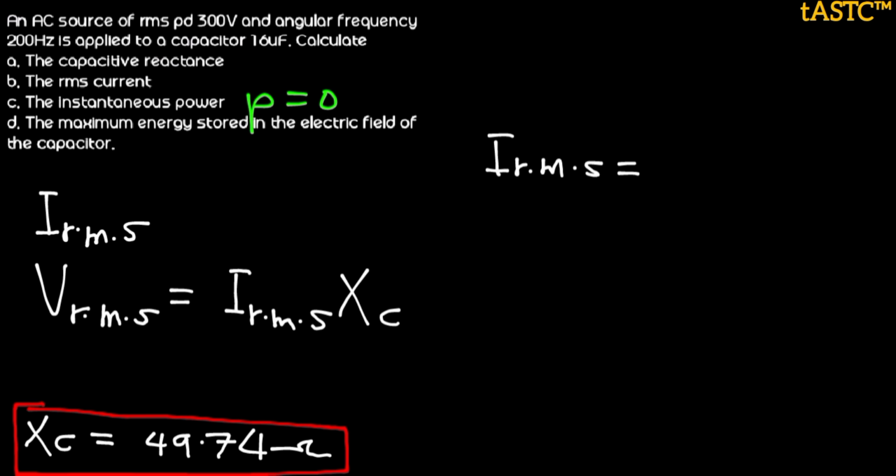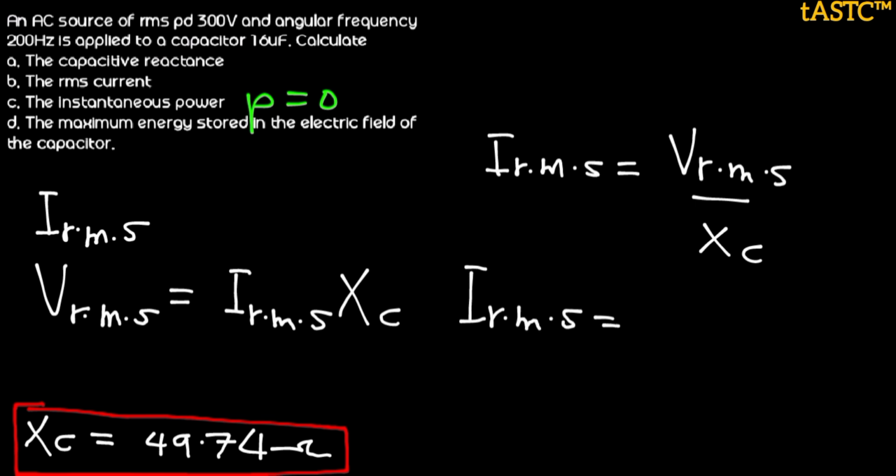So IRMS is going to be equal to VRMS divided by XC. Now this voltage is given to us as 300 volts, so that is 300. We found XC to be 49.74.